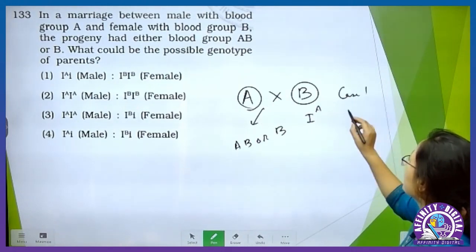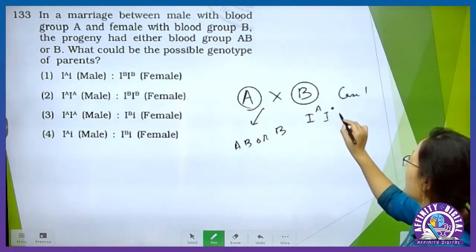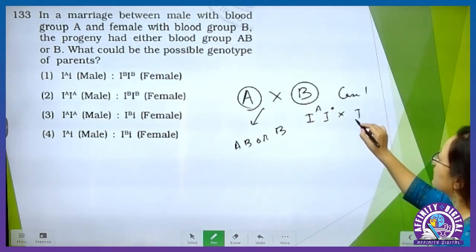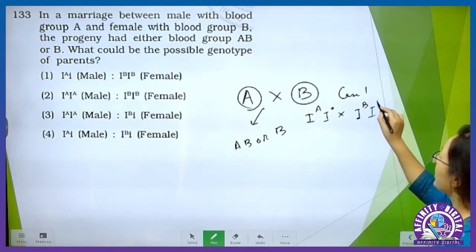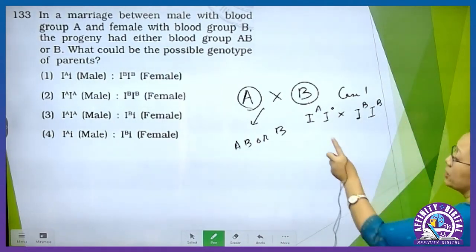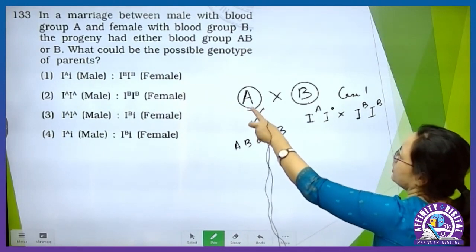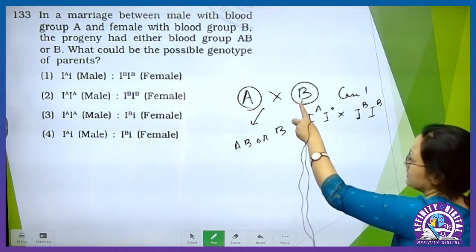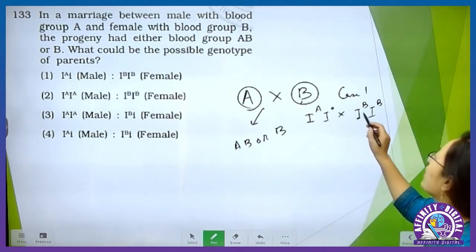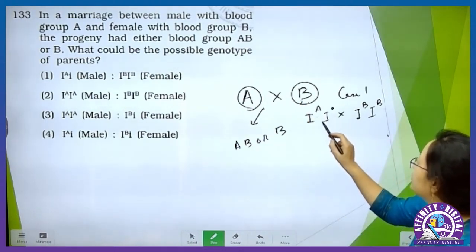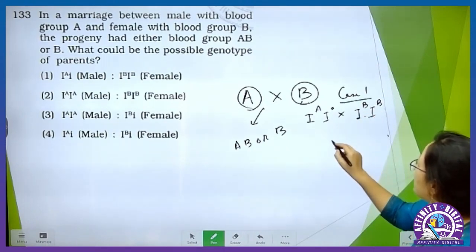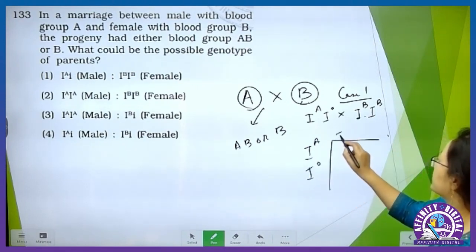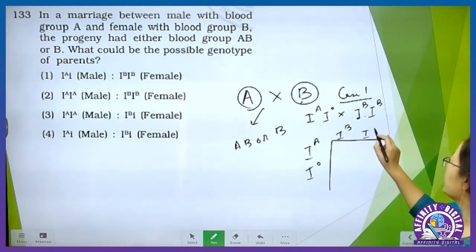Case 1, heterozygous IAIO. And let's make this homozygous IB. Because it can be either heterozygous or homozygous. So IAIO, IB, heterozygous and homozygous, first case. Suppose we cross this, then IA here, IO here, IB here, IB.